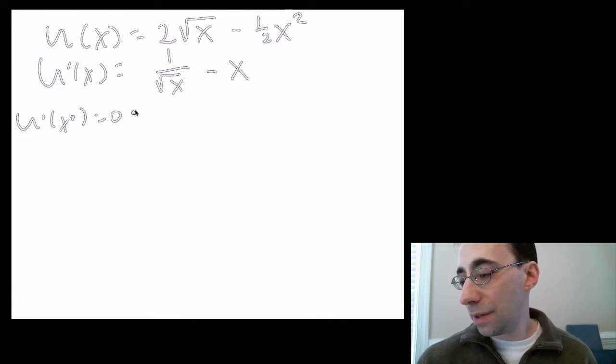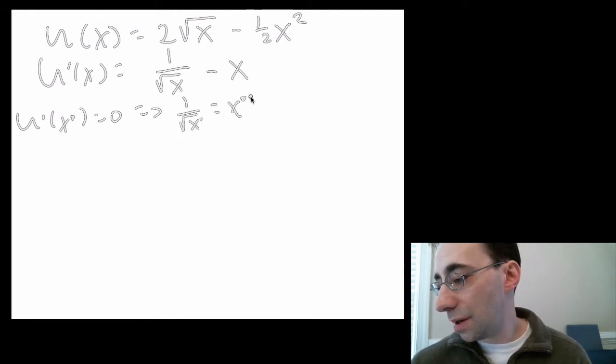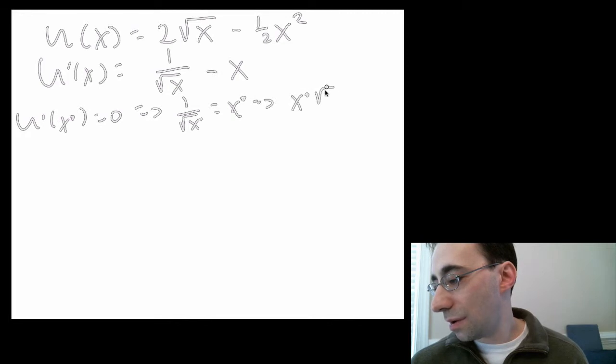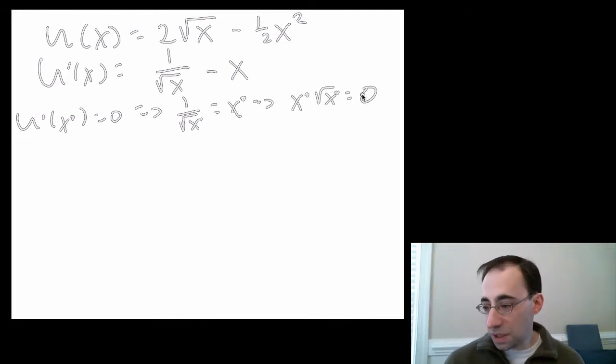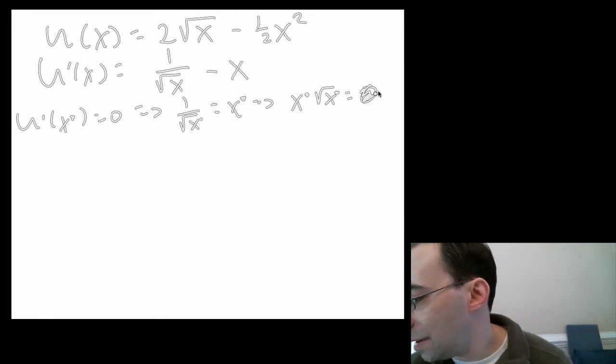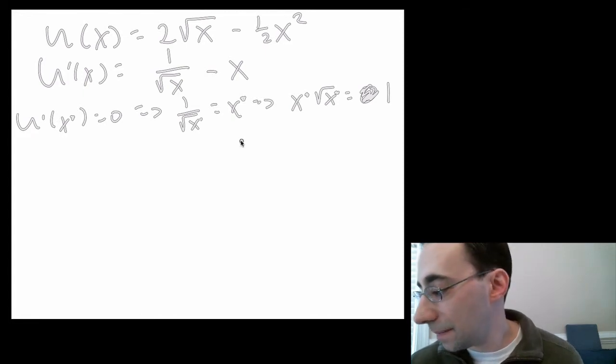Well, what does that get you? That implies that 1 over the square root of x star equals x star, or x star times the square root of x star equals 1. Well, what works there? If you put in 1 for both of these things, you get 1. So it looks like it's 1.